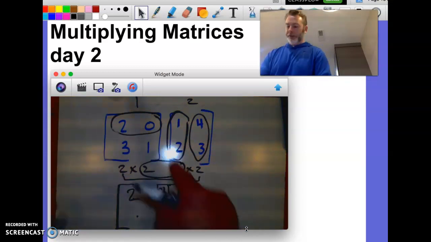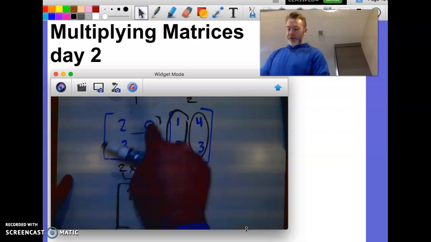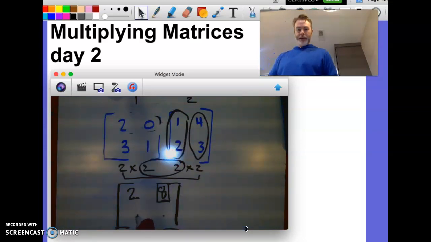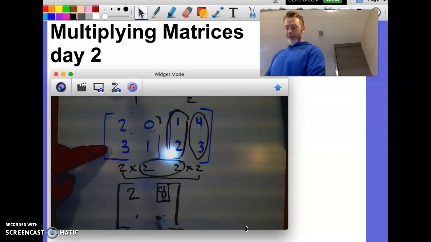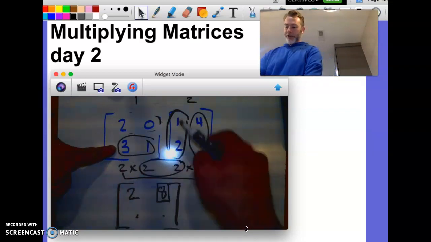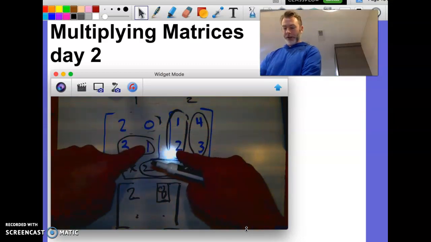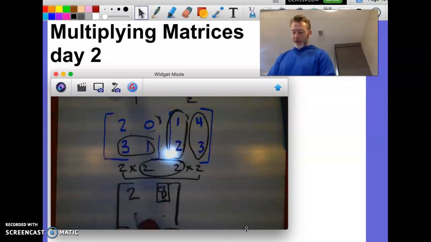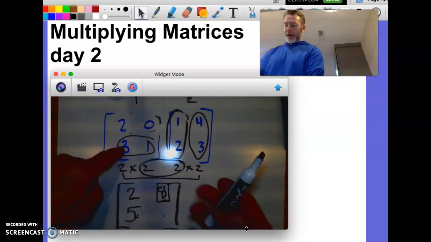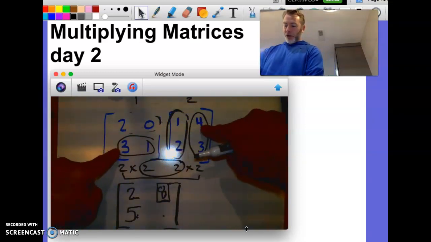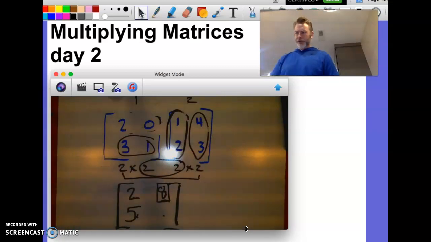Now as I move down, this one is second row, first column of the product matrix. So my left hand goes on the second row, my right hand goes on the first column. 3, 2, say the product out loud. Then I can add those using mental math and just repeat. 12, 3. So 12 and 3, 15.